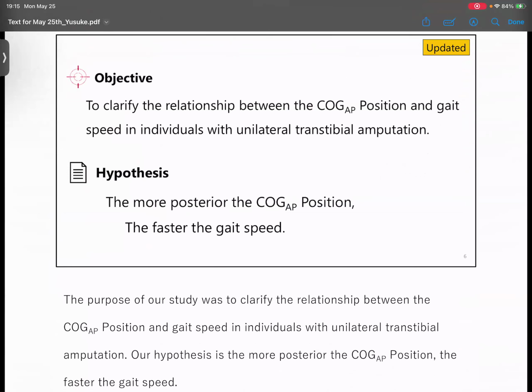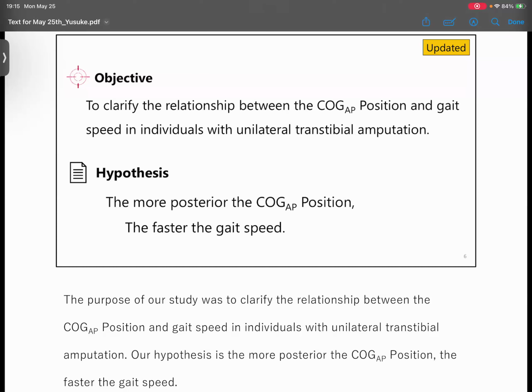The purpose of our study was to clarify the relationship between the COG sub-AP position and gait speed in individuals with unilateral transtibial amputation.